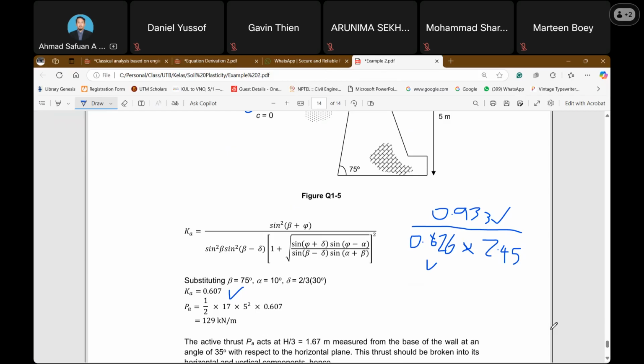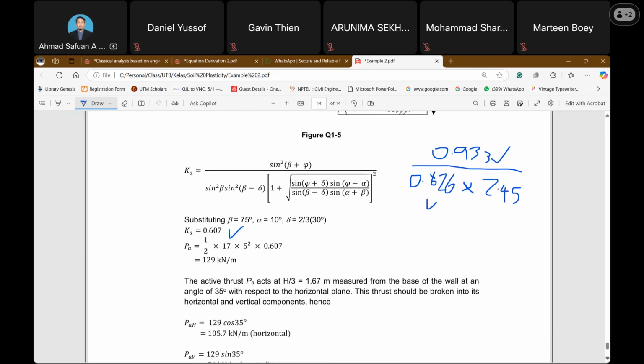So the total active thrust PA acts at 1/3 of the height of the wall, measured from the base of the wall at an angle of 35 with respect to the horizontal plane. So this thrust should be broken into its horizontal and vertical components.